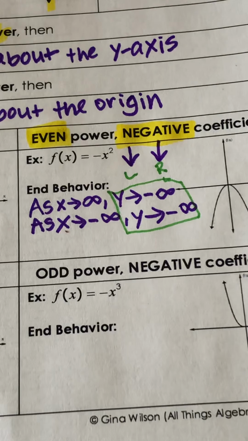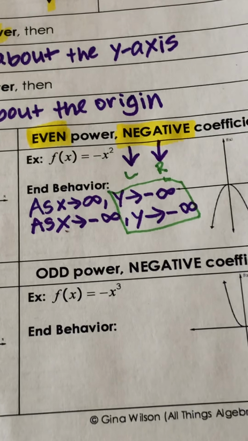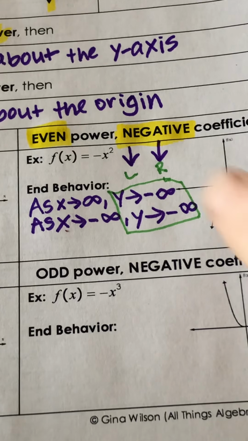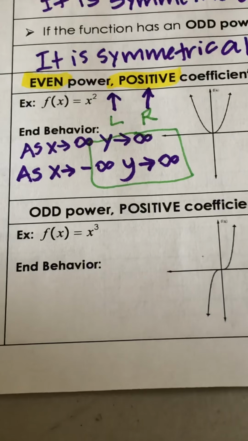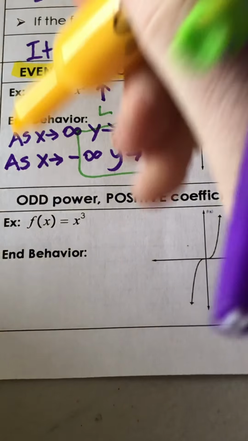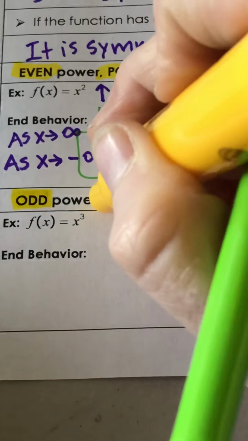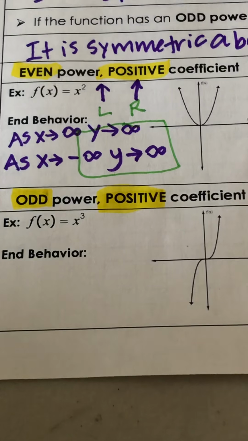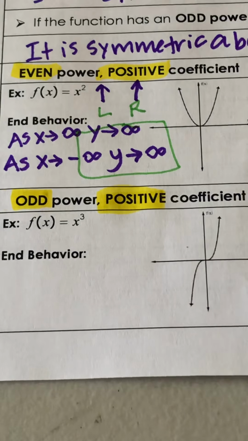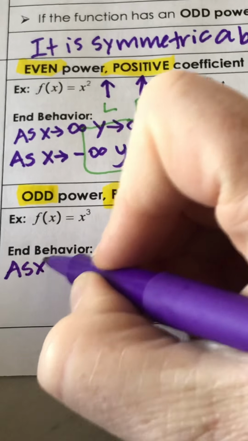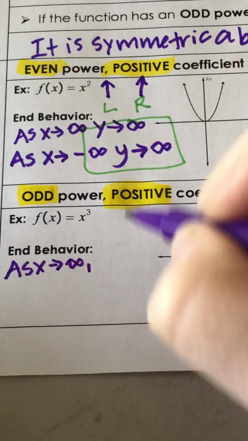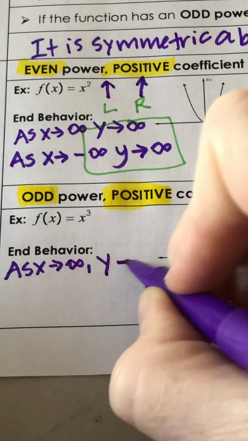Okay, and if you have an odd power, you really should be pointing opposite ways in your end behavior, okay? So, odd power, positive coefficient. Let's start with what we know. We know that x to the third looks like this graph, okay? So the end behavior, as x approaches infinity, y approaches infinity.